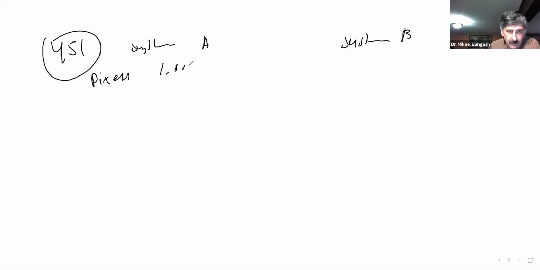System A is going to have 1 million pixels, and 4 bits assigned to each pixel. Did that make sense? Good.